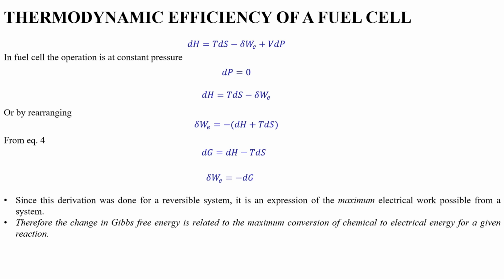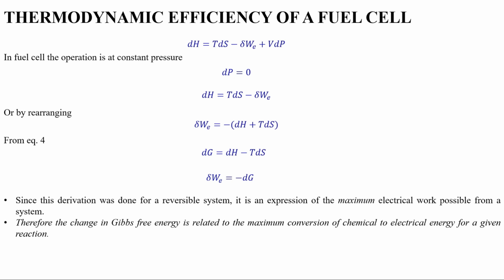For a reversible system, the maximum electrical work possible is equal to the negative change in Gibbs free energy. Therefore, the change in Gibbs free energy is related to the maximum conversion of chemical to electrical energy for a given reaction. That's why we can say that the maximum conversion of chemical energy into electrical energy is basically the change in Gibbs free energy.